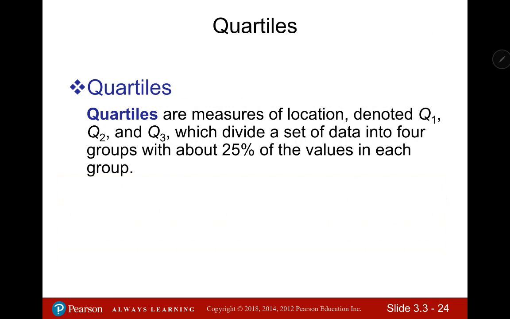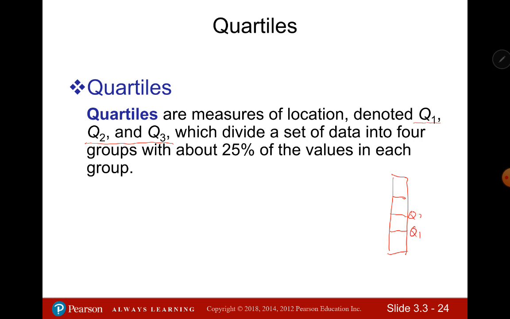Next definition is quartiles. In the quartiles, we only have 3 quartiles, and the notation is Q1, Q2, and Q3. So quartiles only separate the data into 4 groups, and each group has 25%.